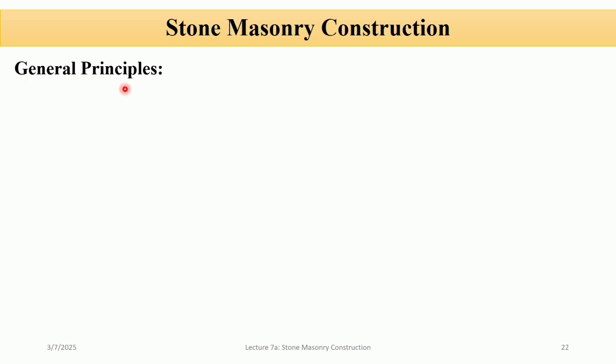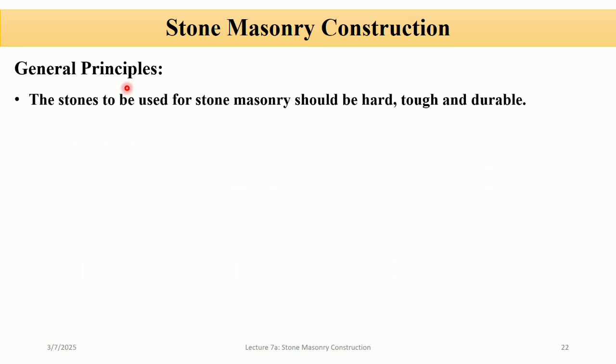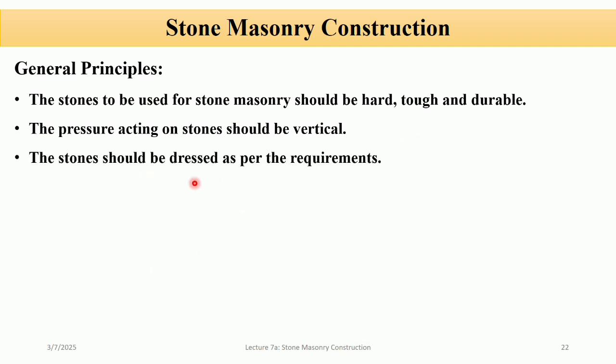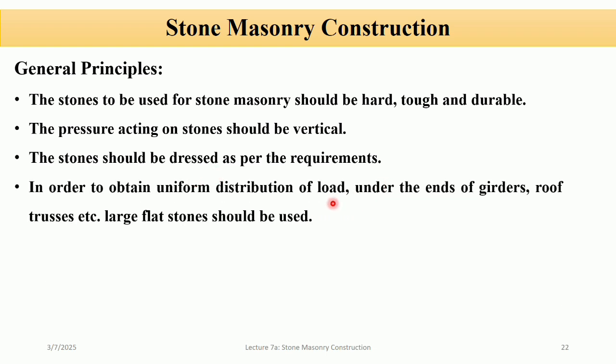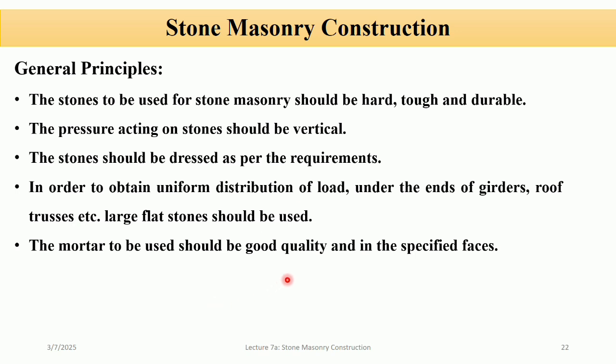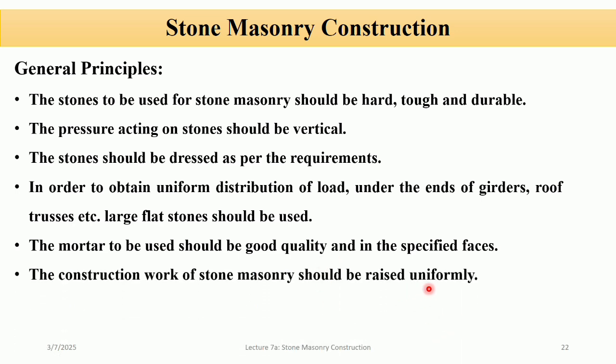General principles of stone masonry construction. The stone used in the masonry should be hard, tough, and durable, and properly dressed, with vertical load application and large flat stones under heavy loads. A high quality mortar should be used, and the masonry should be uniformly constructed.